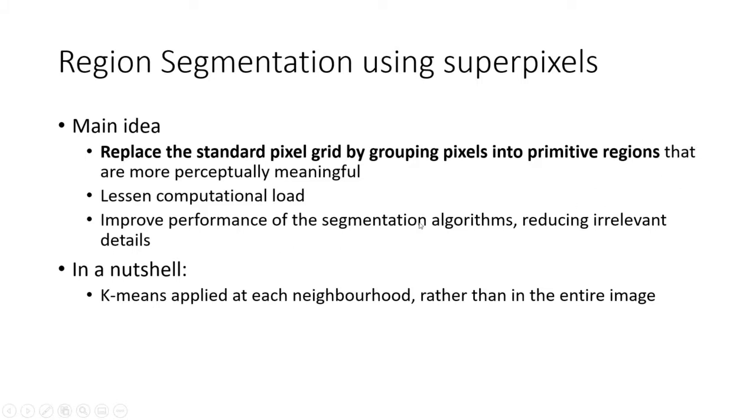It improves the performance of segmentation algorithms in this way, right? So it actually reduces irrelevant details and irrelevant computations. So in a nutshell, superpixel segmentation is K-means applied to each neighborhood rather than to the entire image.